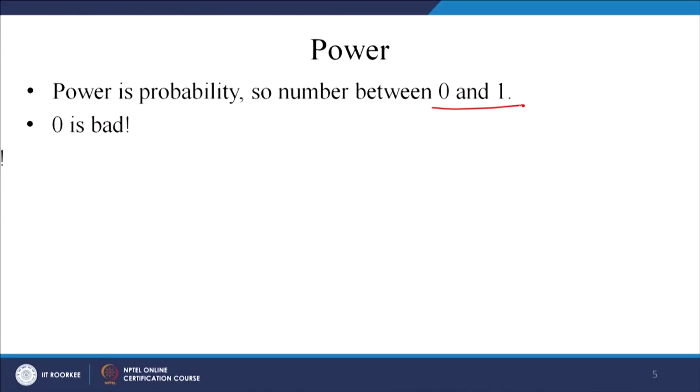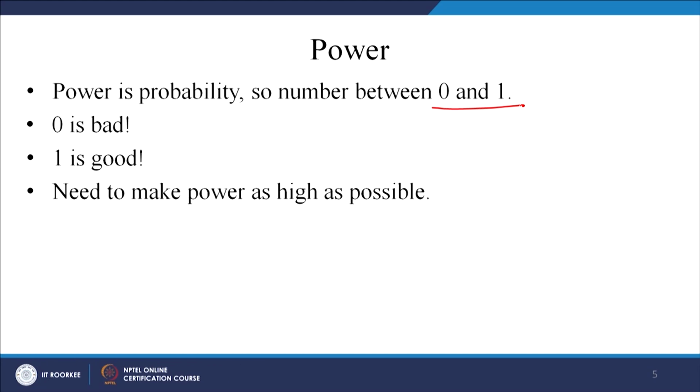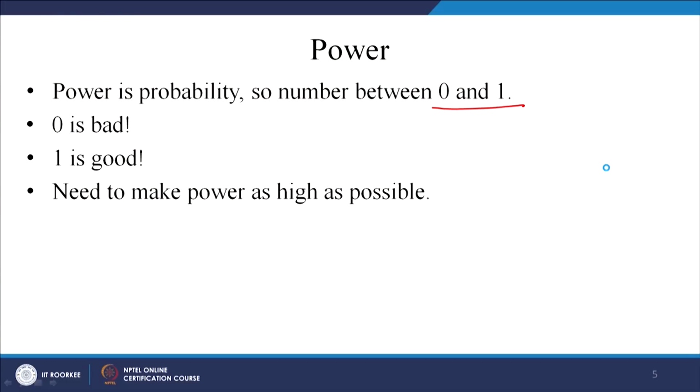So, 0 is bad in simple terms, 1 is good. We need to make power as high as possible. The intention of the researcher is always to have the power as high as possible, because you are rejecting a false null hypothesis.